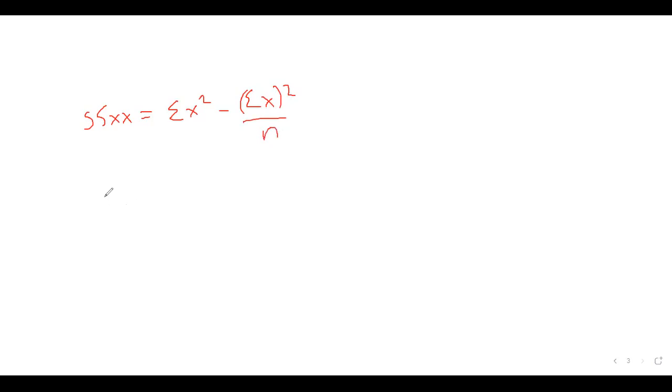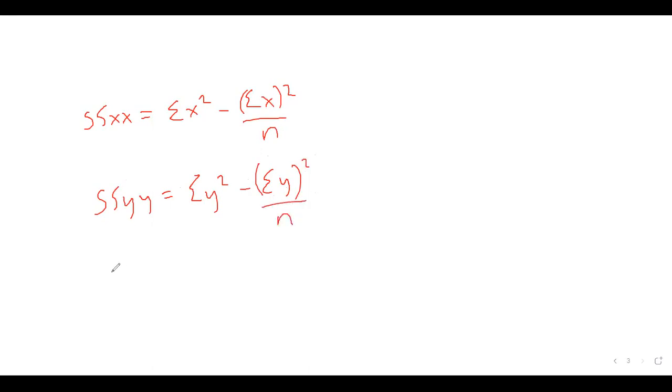Okay. Then here, the sum of yy. Who remembers? Summation of y squared minus summation of y, squared, over n.